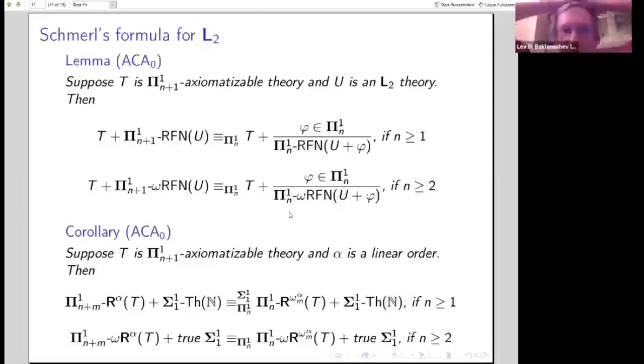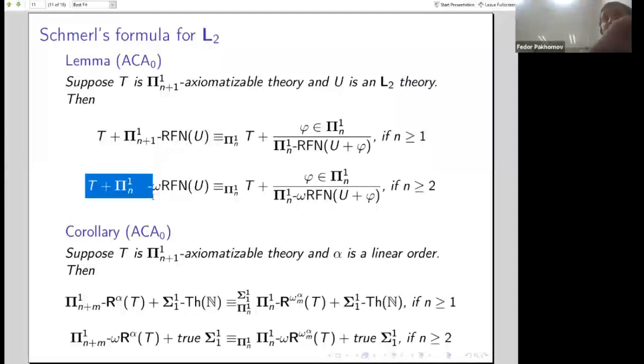But n equal to 1 means Π12 reflection rather than Π11 reflection. So n equal to 1 should have meant the following: that Π12 omega model reflection is conservative over the closure of the Π11 omega reflection rule. But actually this is completely false, because first of all Π12 omega model reflection is the same thing as Π11 omega model reflection.